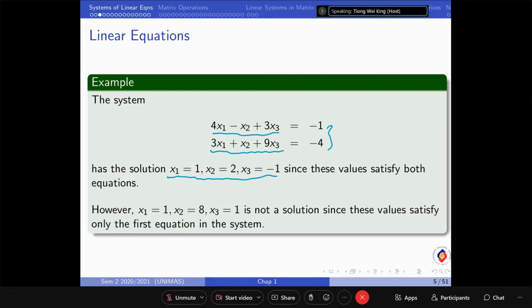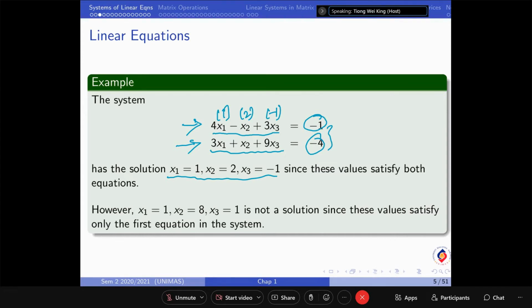Because if you substitute these values into equation 1 and equation 2, replacing x1 with 1, x2 with 2, and x3 with -1, then for the first equation you will get -1, and for the second equation you will get -4. So this is a solution to the system of linear equations.